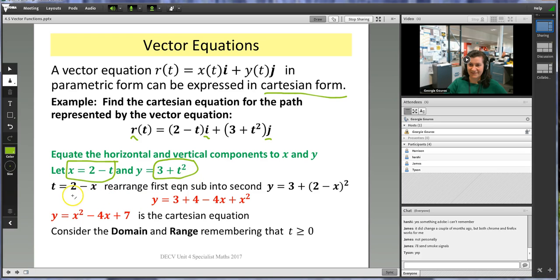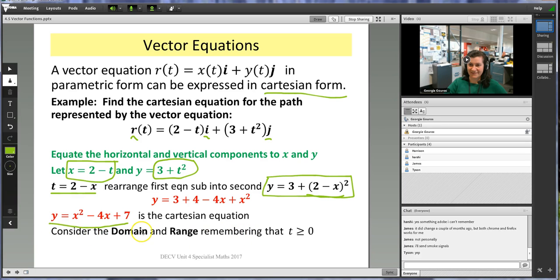There are lots of different ways you can do that. You can rearrange this equation, so you've got t is equal to 2 minus x, and then you can simply substitute that into the equation here, and you've got a Cartesian form of the same equation. Okay, and you simplify it, and there you have a parabola.